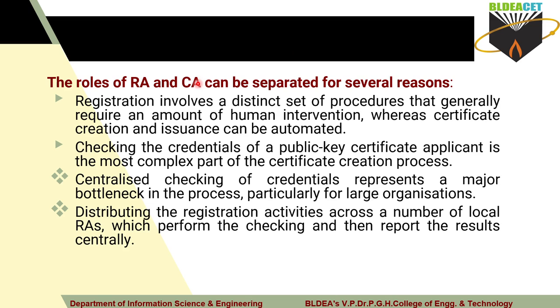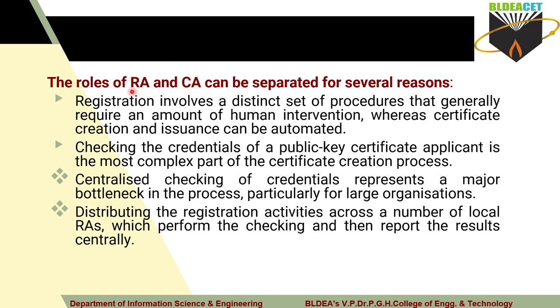The CA will generate or issue the public key certificate, and for that you require your public key and private key. Those keys must be registered first. Once the registration process is completed, only then will the CA issue you a public key certificate.